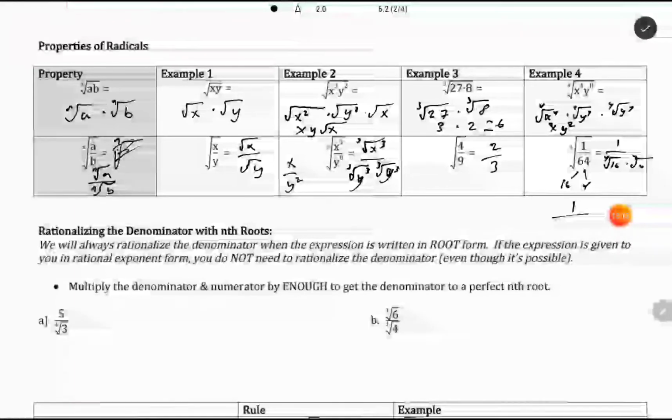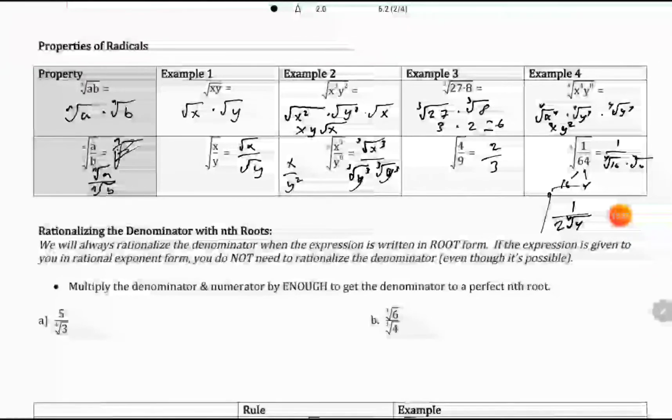And then the fourth root of 16: what to the fourth power is 16? That's 2. And then we have the fourth root of 4 in the bottom.